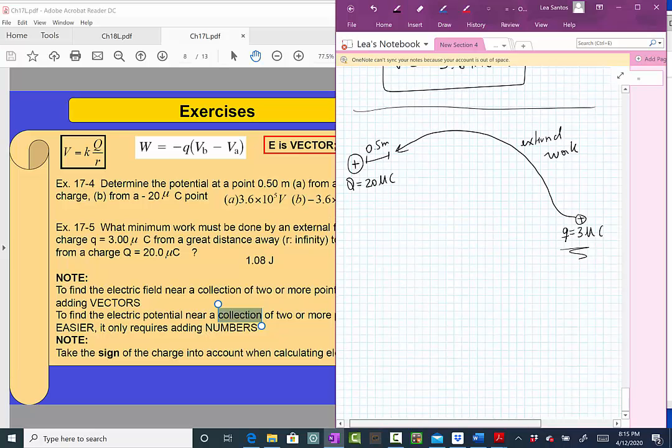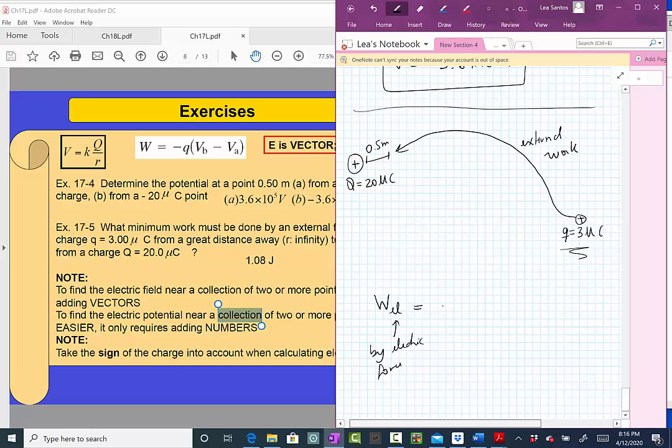So let's remind ourselves of what we saw before for the equation of work. The work done by the electric force, as the particle is moving in its natural motion, going from high potential to low potential, is in the direction of decreasing the potential energy.